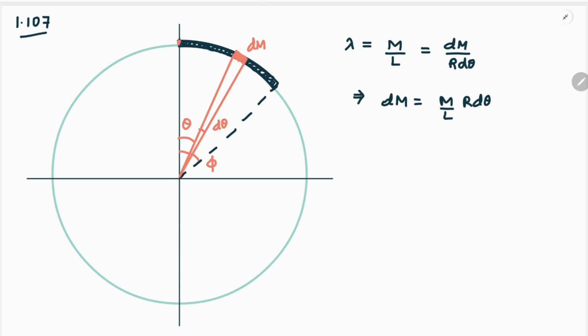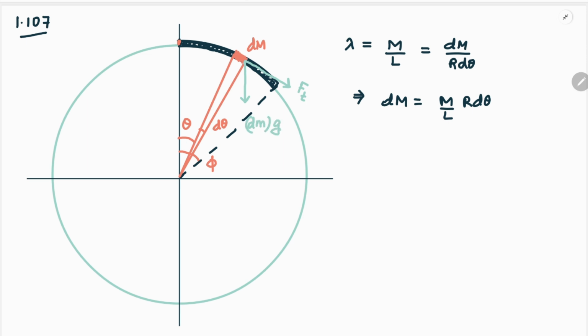Now this dm patch is going to experience a force, the tangential force, which we mark as ft, and ft can be calculated this way. The weight dm g will act in the downward direction.